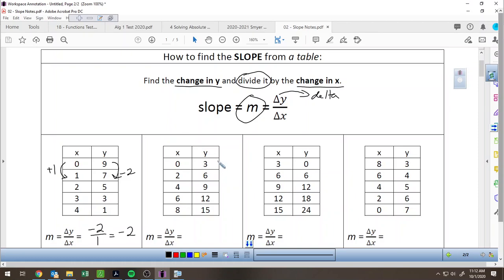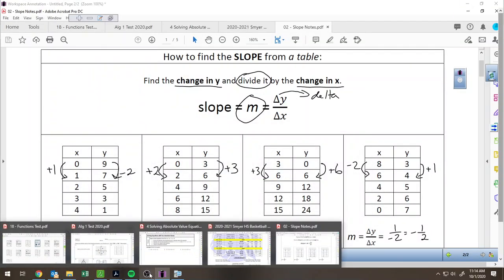Let's do this next one. What is our change in y? It's adding 3. What's our change in x? Adding 2. So I have change in y over change in x, and that's your slope, 3 over 2. Do the next two for me.